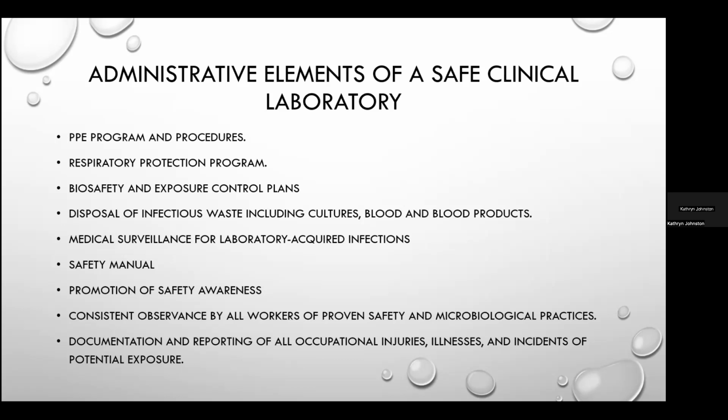It's important that the laboratory has a safety manual that is acknowledged and understood by employees and it has to include the occupational risks and consequences of infections to which they might be exposed. So if you have somebody who's handling large volumes of blood, then they need to understand the risks and consequences of exposure to hepatitis B, to hepatitis C. In the microbiology setting, you have to have the manual and the occupational risks of exposure to tuberculosis, to salmonella, to shigella.